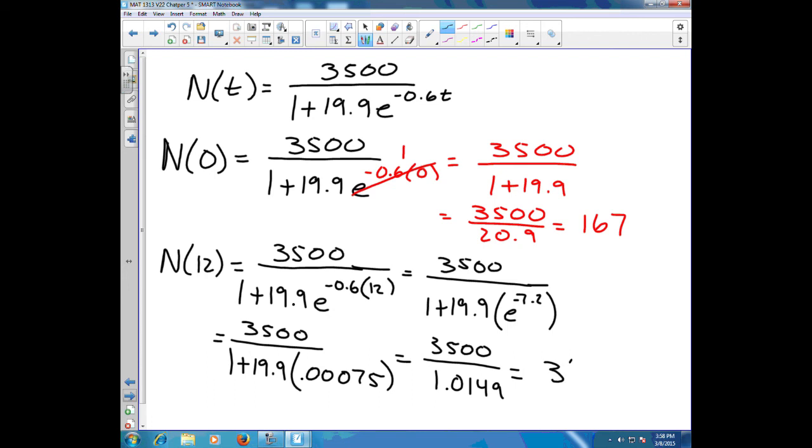And we see that we have 3,448 who are now sick after 12 days. When you're dealing with these limited growth problems, the idea is just to plug in the values that you're given and be able to plug this into the calculator.